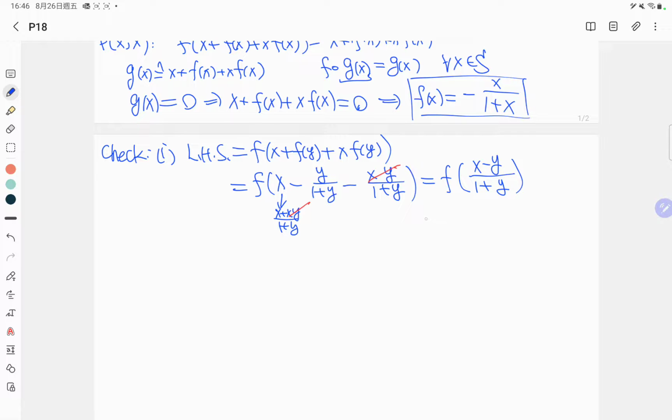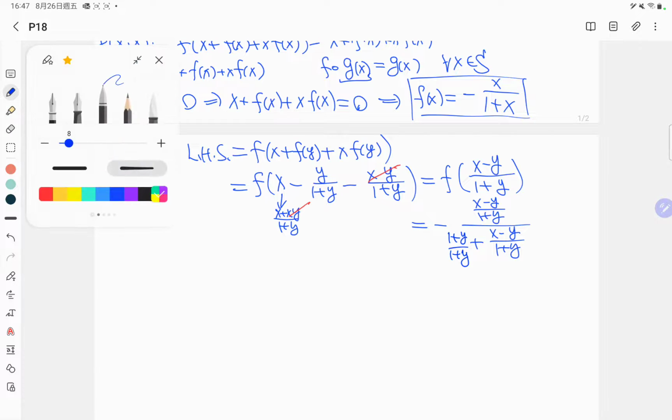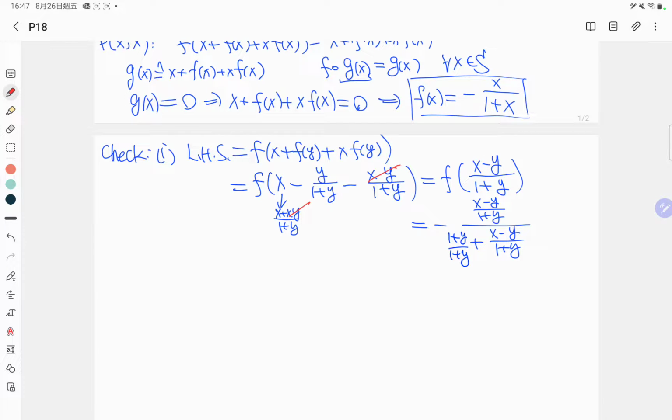Then it is equal to negative (x minus y over 1 plus y) over 1 plus (x minus y over 1 plus y). This 1 can be written as (1 plus y) over (1 plus y), so that we can also do some cancellation.